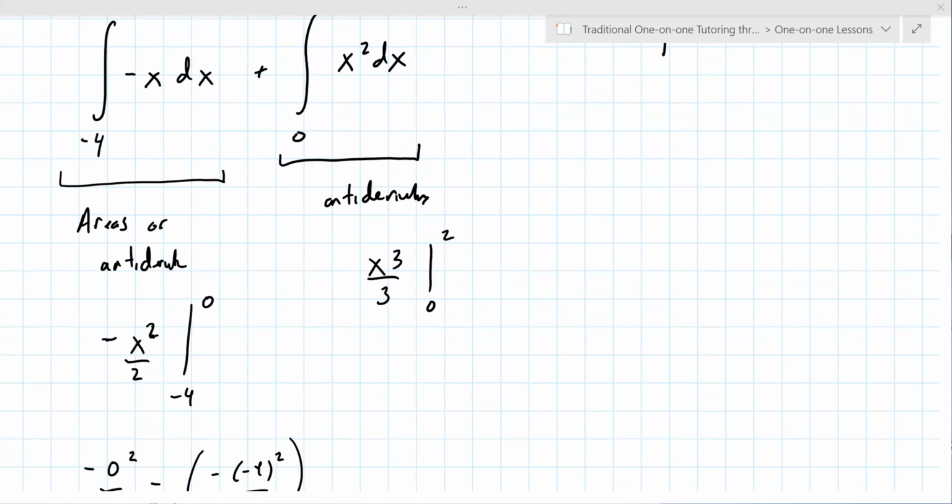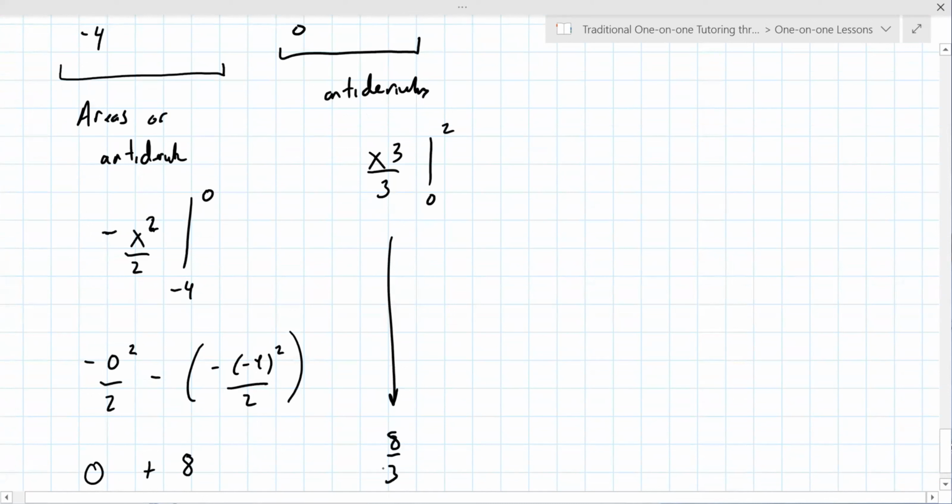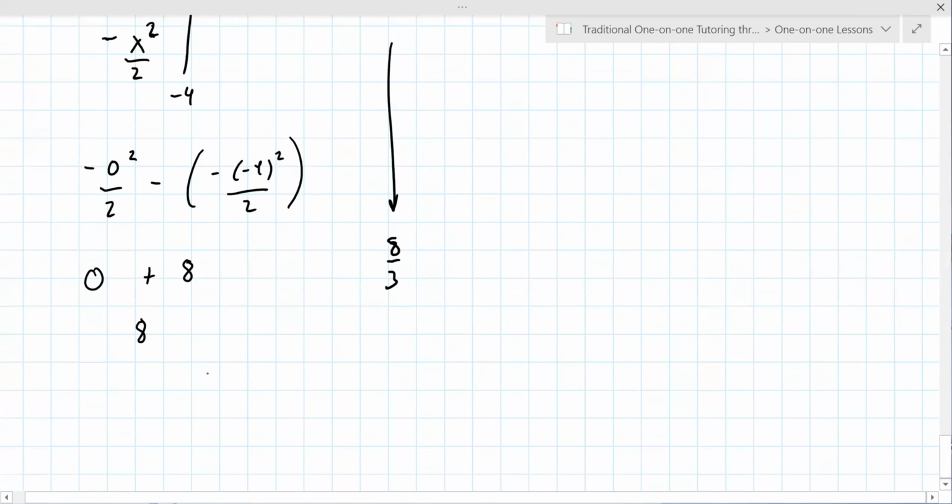Yes, so it's 8/3 plus the 8 from down here. And then you do a common denominator. So then it's 8 times 3, which is 24, over 3, plus 8 over 3. So that's 32/3. Yes.